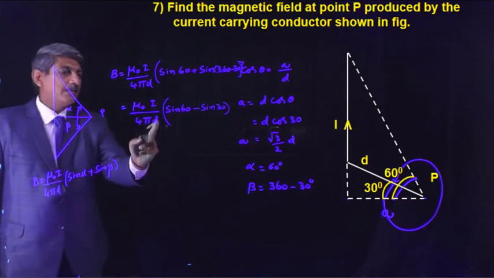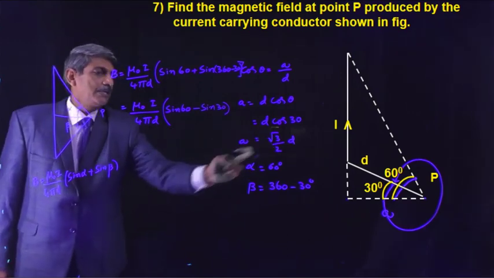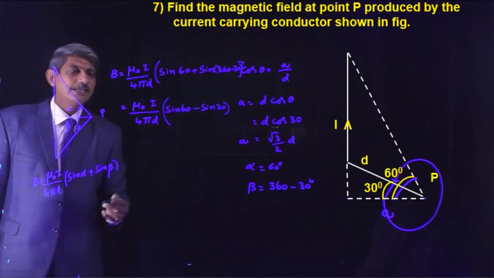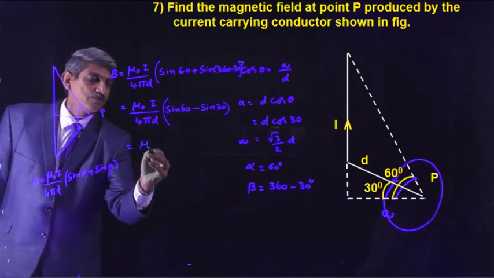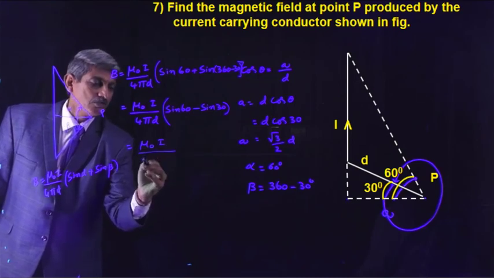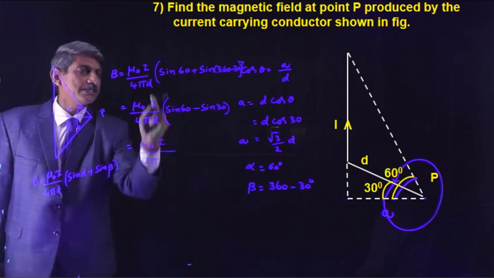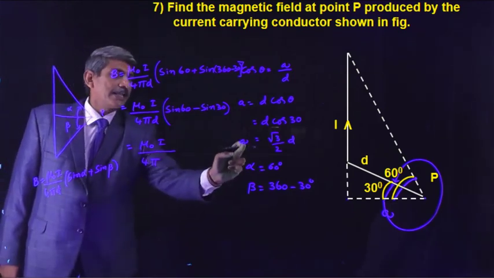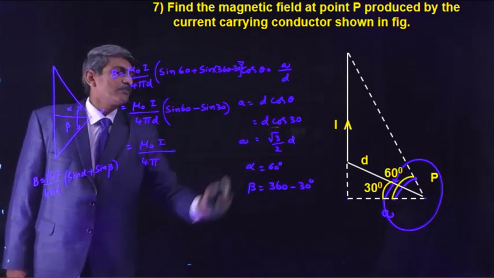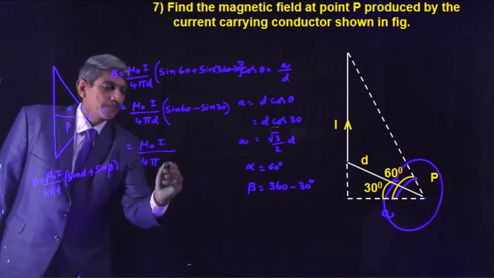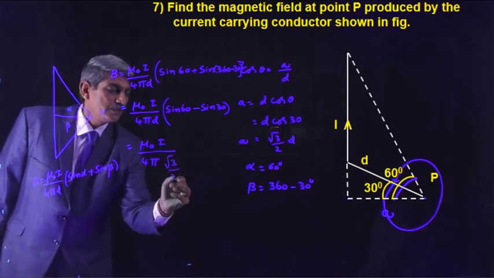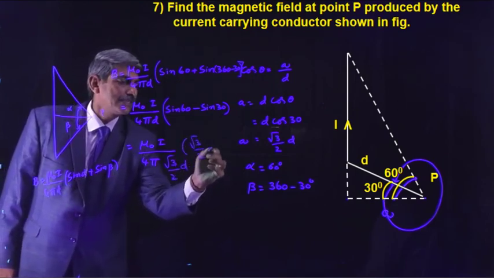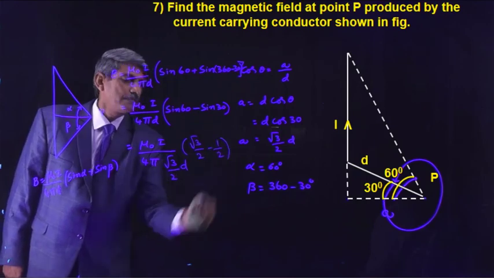Now substitute the d value from here and substitute sin 60 value, sin 30 value, we get the magnetic induction value. This is mu naught I divided by 4 pi. In this equation, what is d? D is the perpendicular distance. Here that perpendicular distance is taken as A in our problem, which is found to be root 3 by 2 d. Root 3 by 2 d into sin 60 is equal to root 3 by 2 minus sin 30 is equal to 1 by 2.